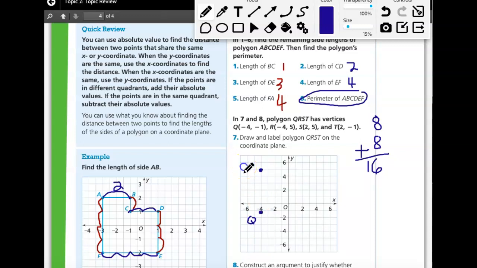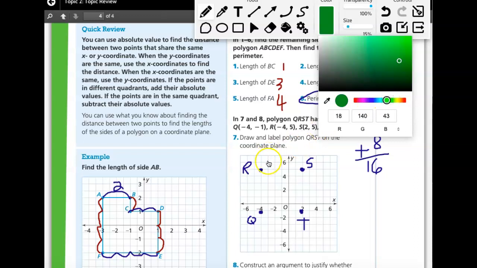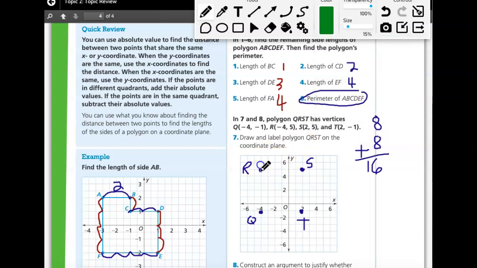Then I'm going to label that R. Then I'm going to find 2 and 5. 2 and 5 is here. Then you're going to label that S. You're going to find 2 and -1. So 2 over here and -1 over here. And that will be the letter T because it asks us to plot and label them. Draw and label the polygon QRST on the coordinate plane. Since it's a polygon, we close it. Okay. So I'm gonna go here. I hope it's straight. And right there.